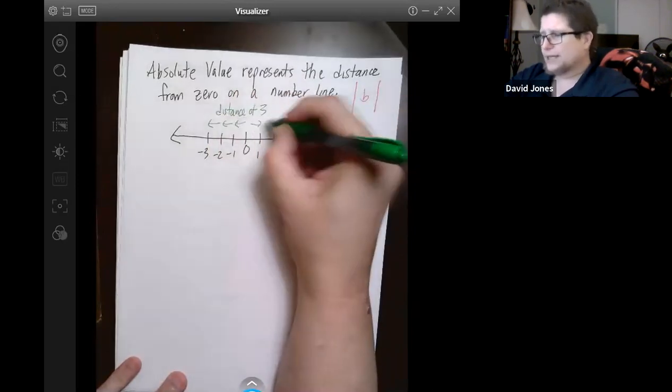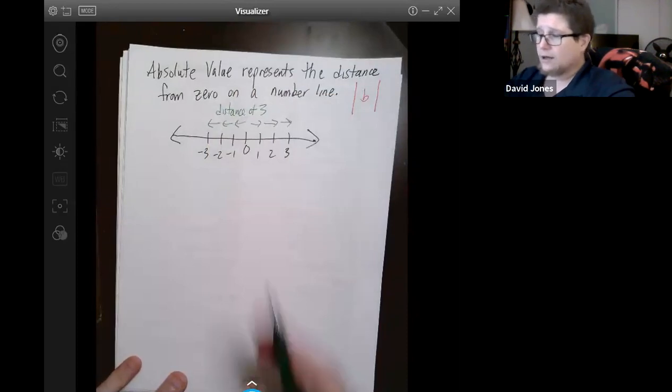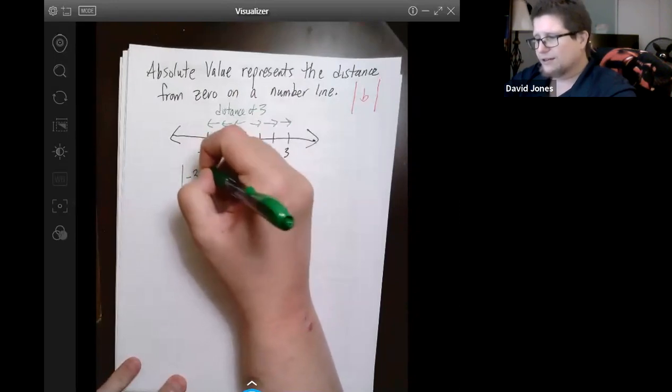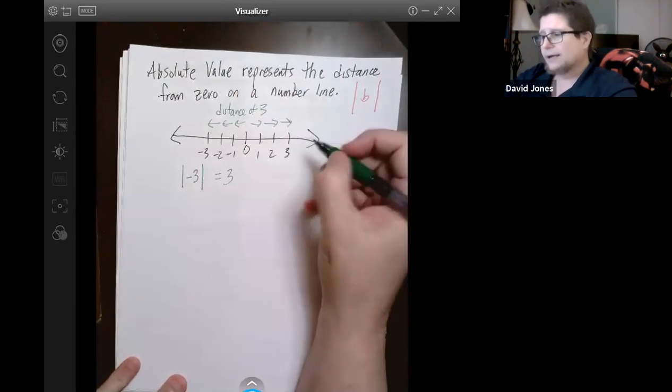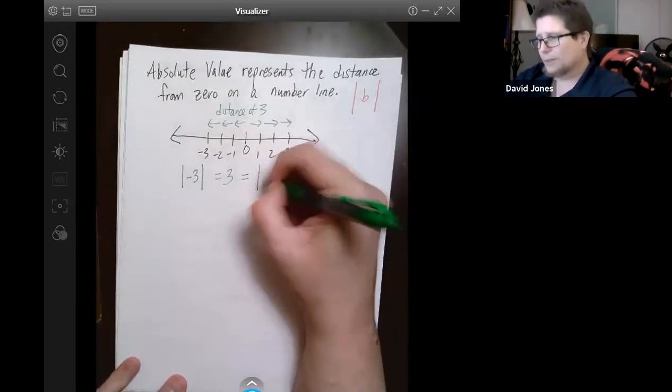Or if I go 3 steps to the right, it's also a distance of 3 from 0. So the absolute value, or distance from 0, of -3 equals 3. And that's also the same thing as the absolute value of +3.